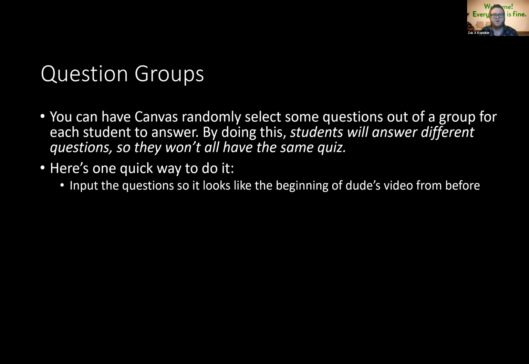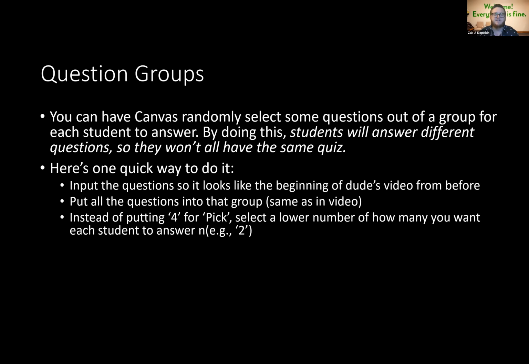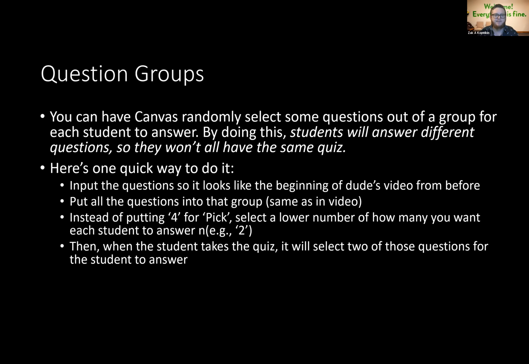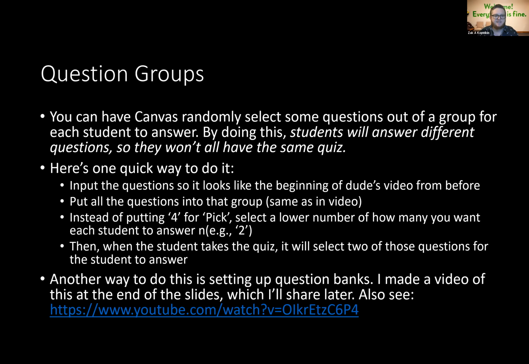So you input your questions just like the beginning of that video, and you put all of them in the same group in the same way. The only difference is you're going to change the number of questions that are selected from it. So if you have 4 questions in there, choose some lower number, such as 2. Then when a student takes the quiz, it will select 2 of those questions for the student to answer. So that's a really rough and ready way of doing that.